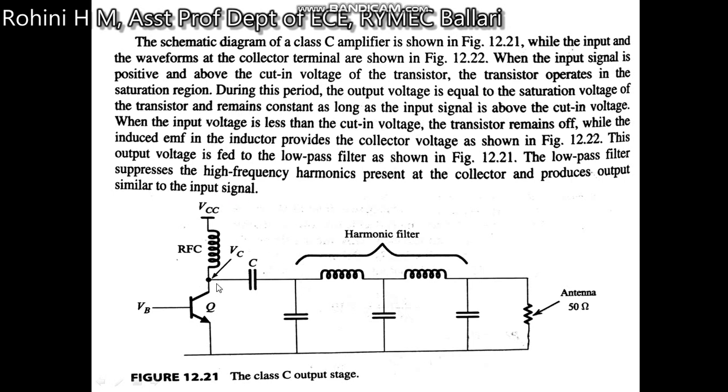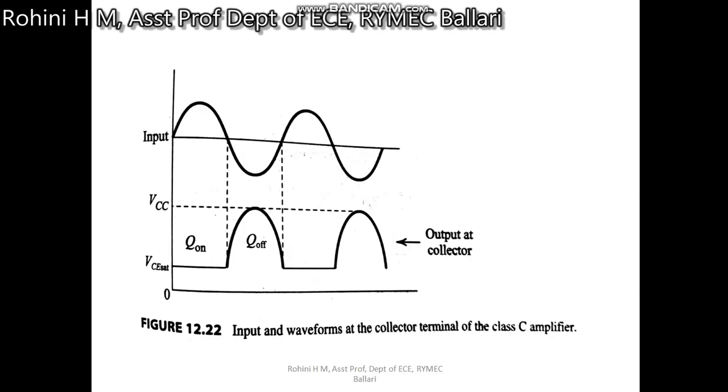So directly we are not getting the output; it is applied to the low pass filter, which removes the harmonics, and then the output is presented. This is the output at the collector. For this duration the transistor is on, and for this duration the transistor is off.